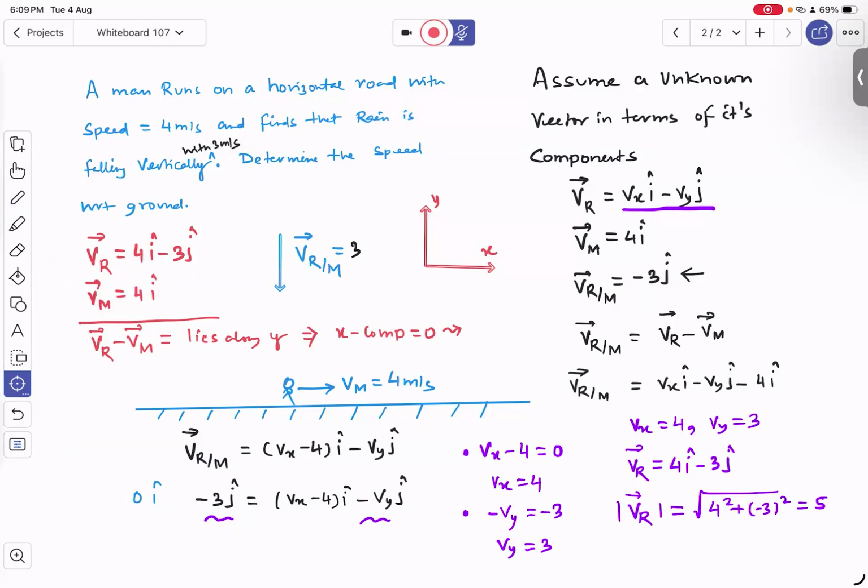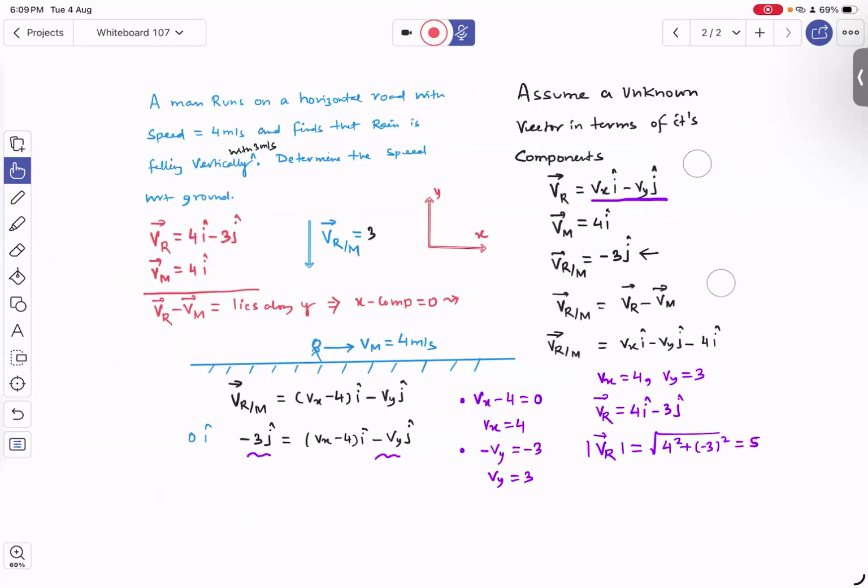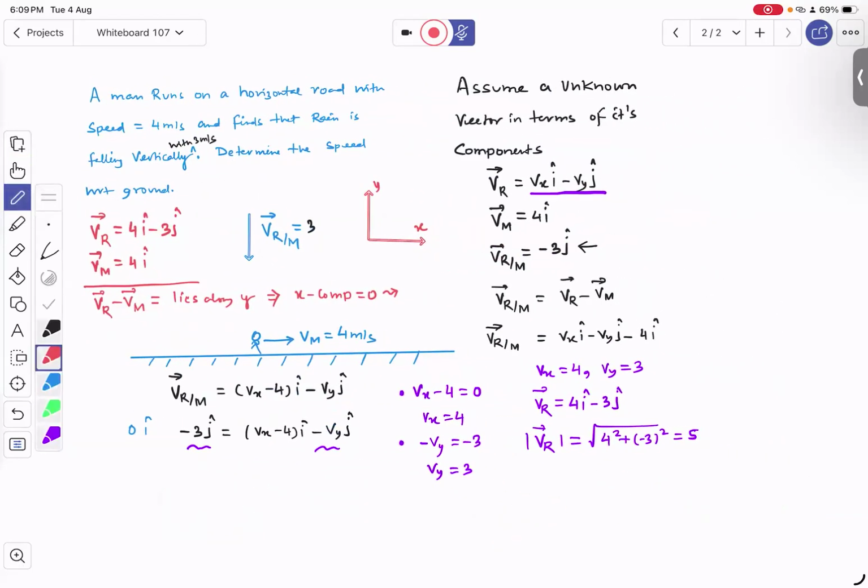So if rain is seen falling vertically, automatically you will understand the velocity of the rain. Maybe I'll write that thing here. If the rain appears to be falling vertically, it means the x component of the velocity of the rain with respect to the ground frame, VR, must be the same as the x component of the velocity of the man with respect to the ground frame, VM.